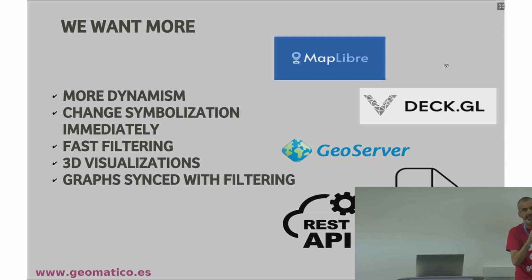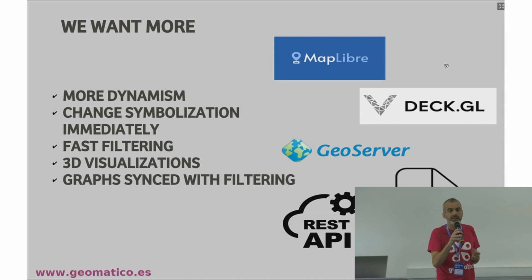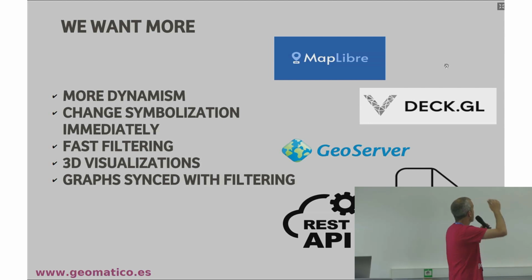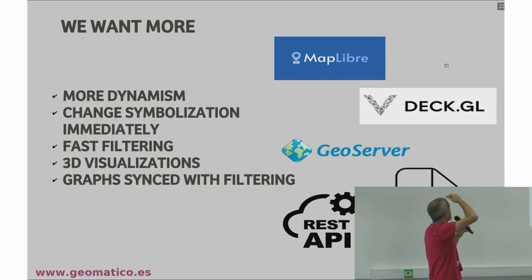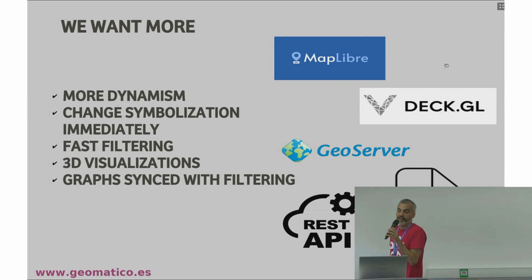They have data sets much bigger than this one, which is the position of maybe 50 trains in real time every 10 seconds, not a huge data set. So we have clients that want fast filtering in massive data sets, with graphs synced with the filtering, so you filter and you see the graphs changing.